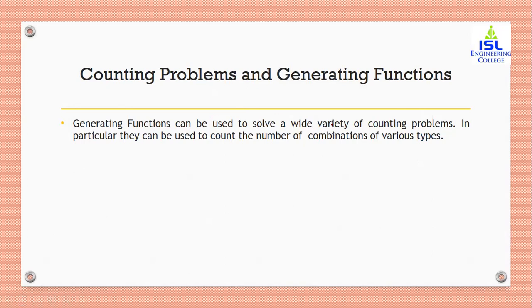We had different formulas. Now, instead of that, suppose we have multiple constraints, for example counting solutions to equations. Suppose we have an equation of this form: e1 plus e2 plus and so on up to en is equal to c, where c is a constant.